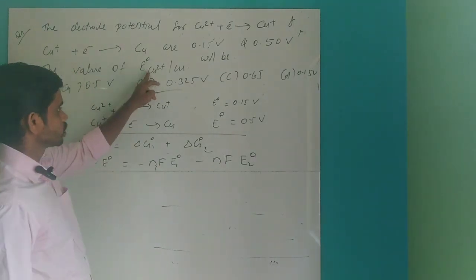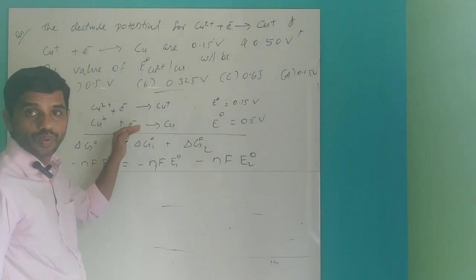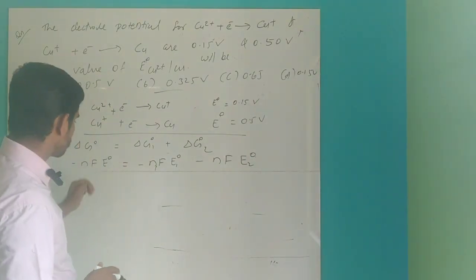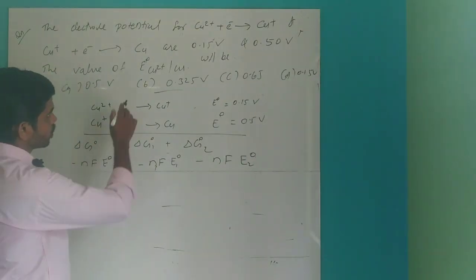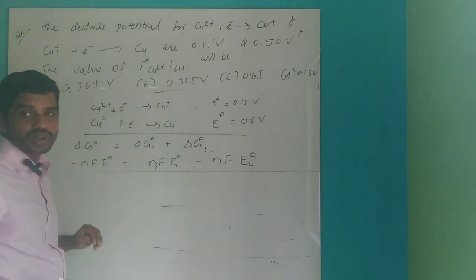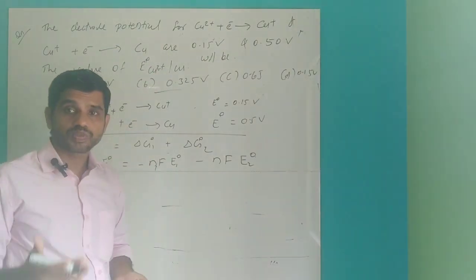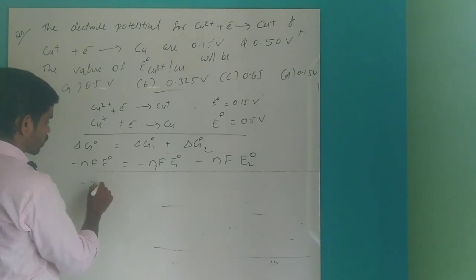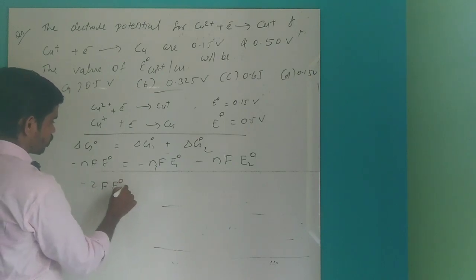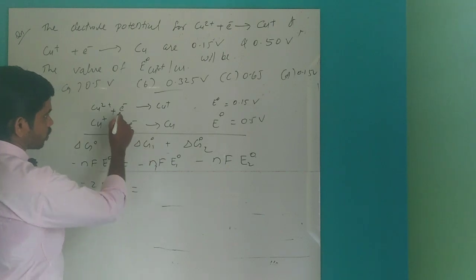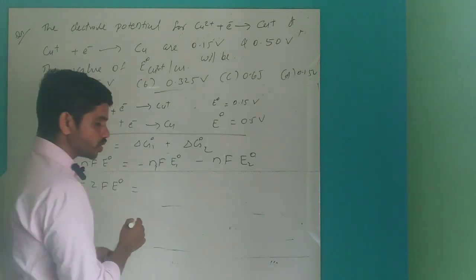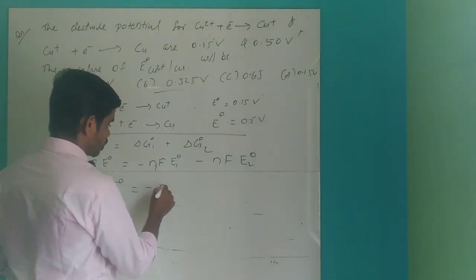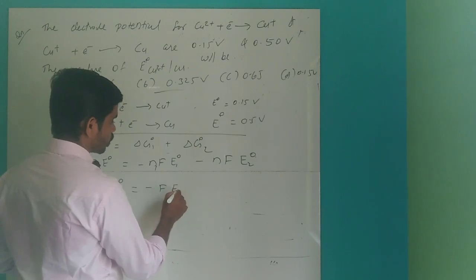When you add the reactions, you will get that one. So here what is the value of n? Cu2+ is becoming copper, so here the value of n is 2. F into E0 is equal to, here n value is 1, so minus F into E1 0.